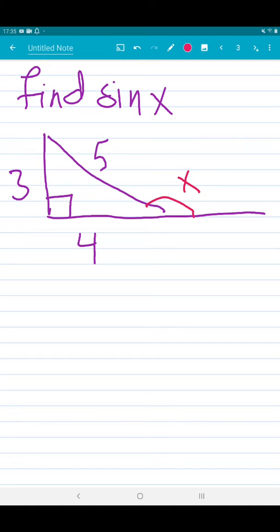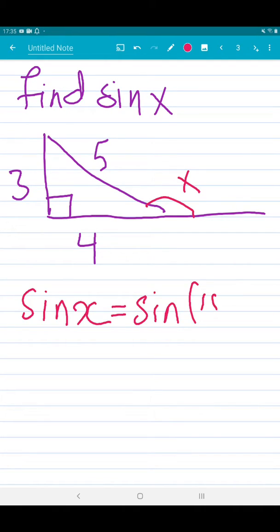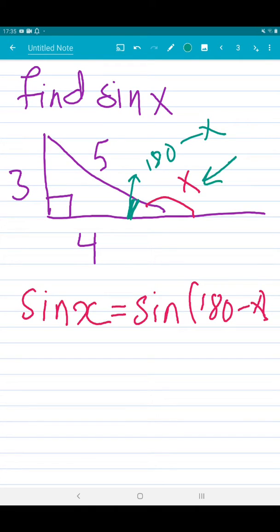X is an exterior angle, so there is no information about sin x. But we learned that sin x equals sin 180 minus x. I mean, this angle is 180 minus x. Okay, so instead of finding the sine of this angle, you should find the sine of this angle. Sine equals opposite over hypotenuse, 5. So it's very simple.